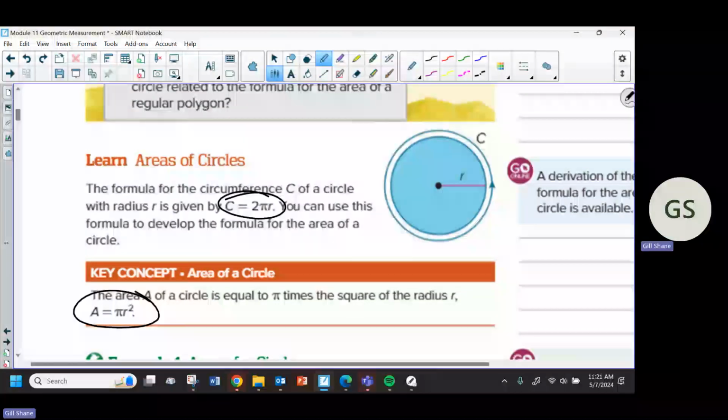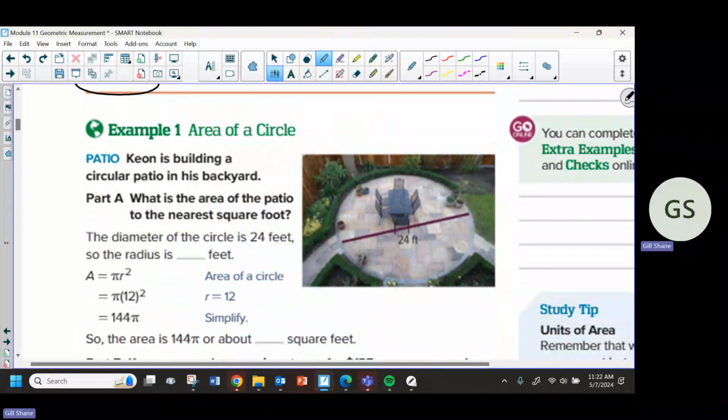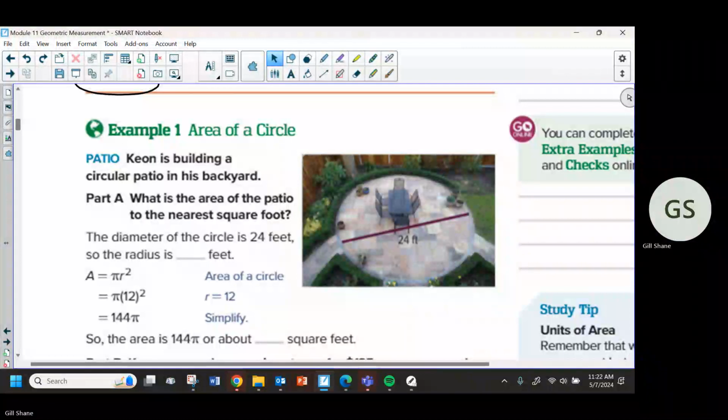Let's see. So what does area mean really quickly? What's area mean? Oh, come on. You guys got to know what area means. That's the space inside. So circumference is the length of the line that basically is the circle.